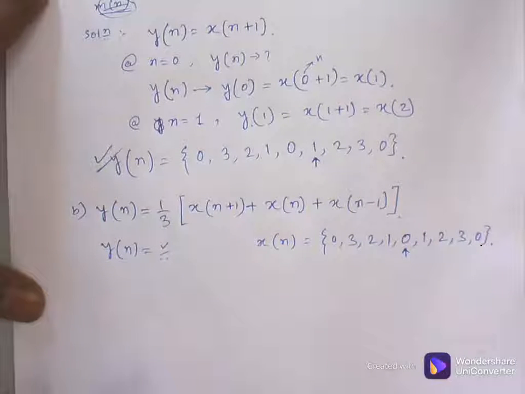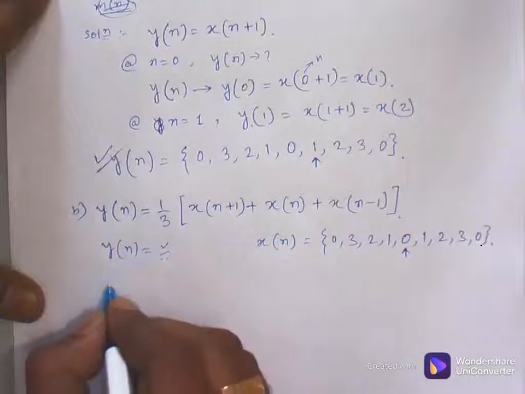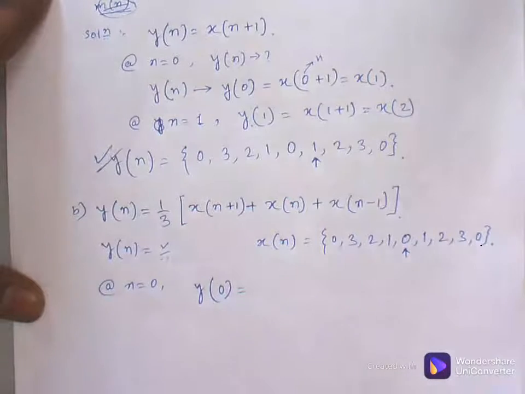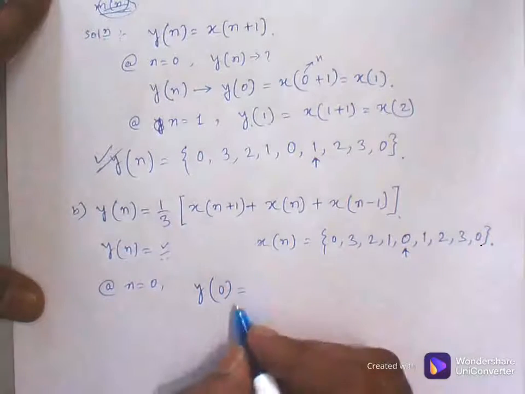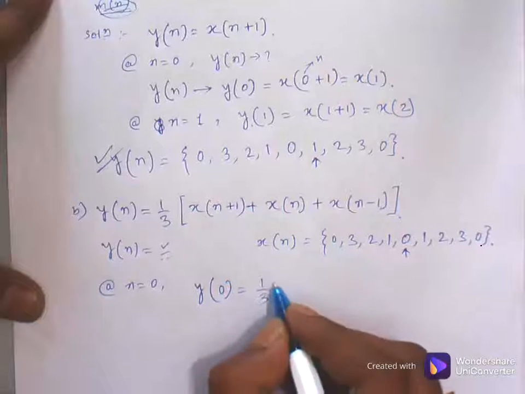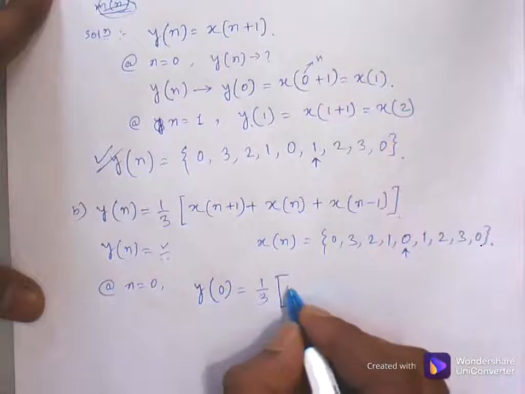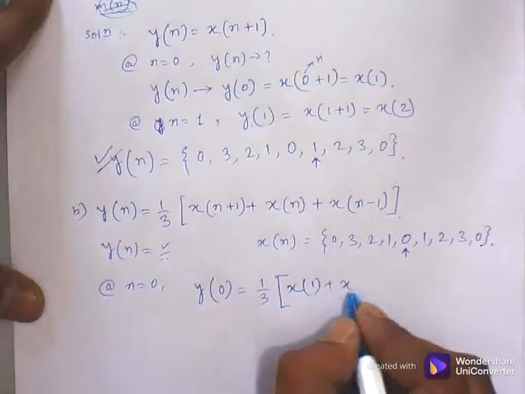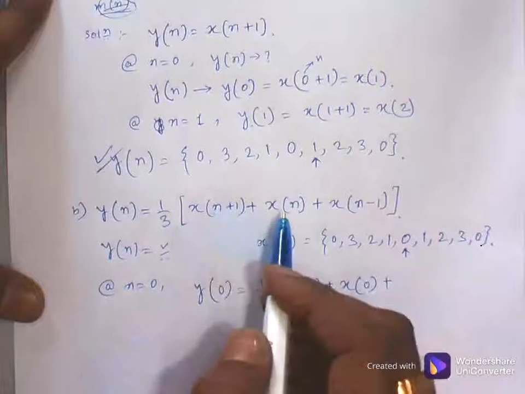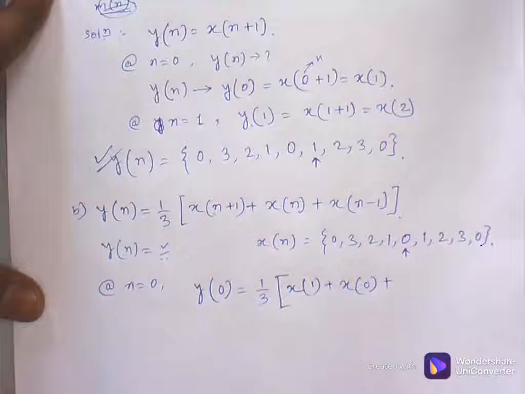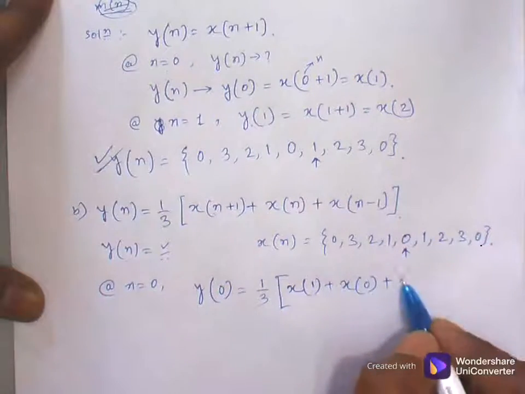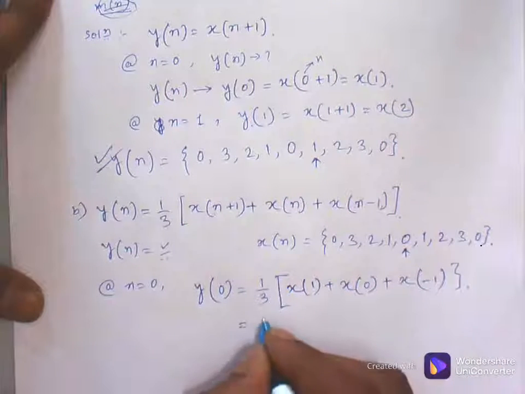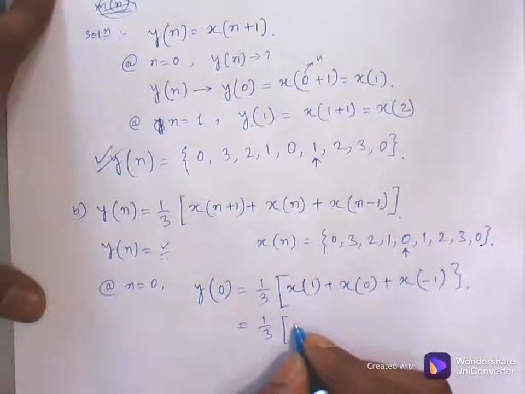Now first of all I have to find out the value at n equal to 0. So y of 0 equals 1/3 of x of 0 plus 1, plus x of 0, plus x of 0 minus 1. So it will give you x of 1.